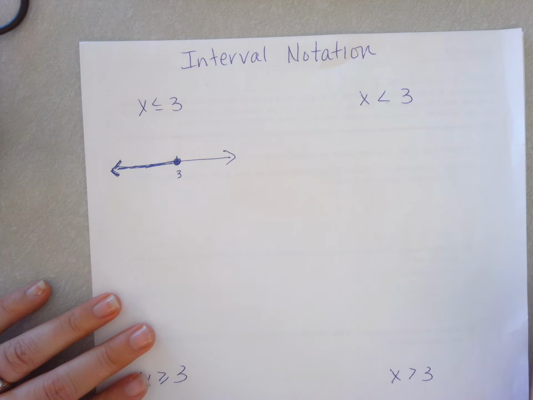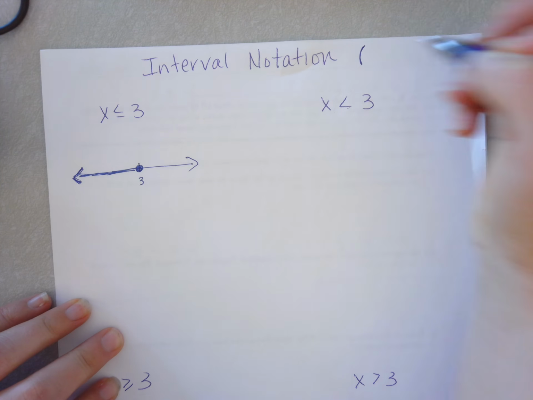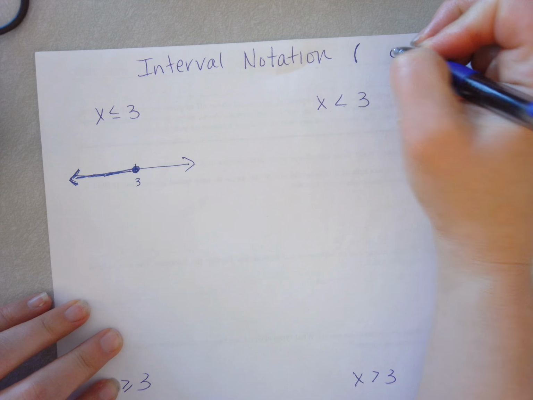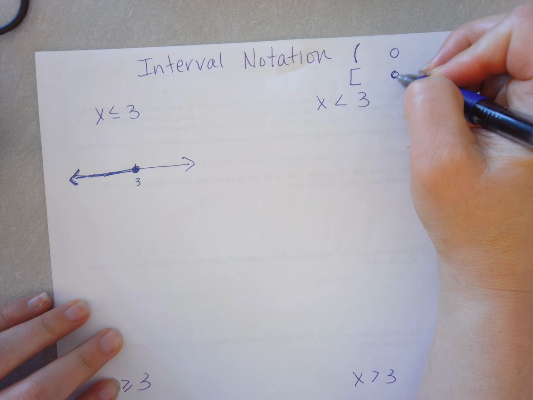Okay? Now when I use interval notation, I like to draw this because the way that I write my solution is from left to right. So based upon my solution, I use an open parenthesis for basically an open circle, and I use a bracket for a closed circle.